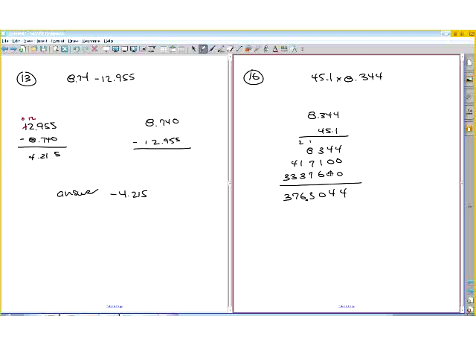So those all add up to 10, and they have 1. So let me see what's going on here. 45.1 times 8.344. Okay. Did I write the numbers down right?